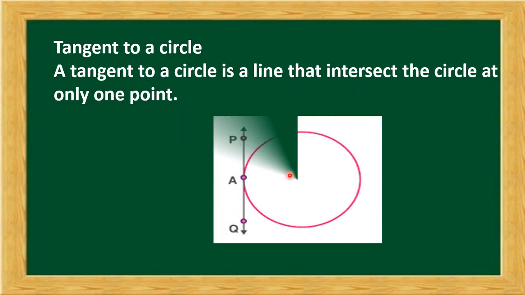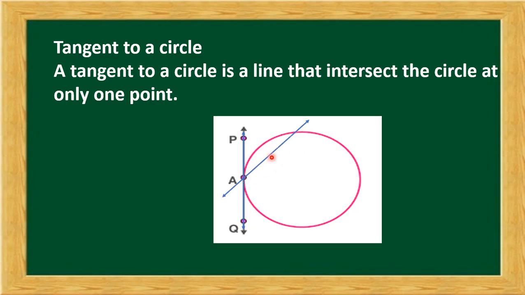So let us take an example. If this line PQ is the tangent line, can we say that this is the only line which touches the circle? Let's take this line PQ and rotate it.